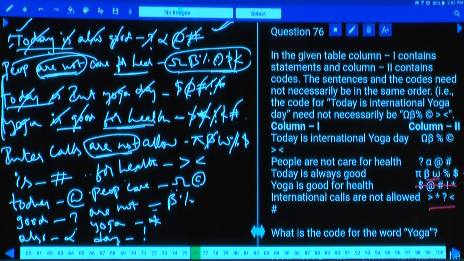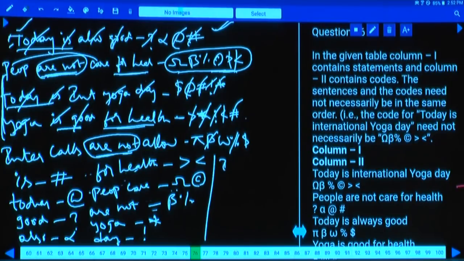International calls are not allowed. International calls allowed. And there are three left over. What are those three? International calls and next allowed. International calls allowed. And this one. Then tell me what are the symbols that are left over here? Percentage, W and dollar.